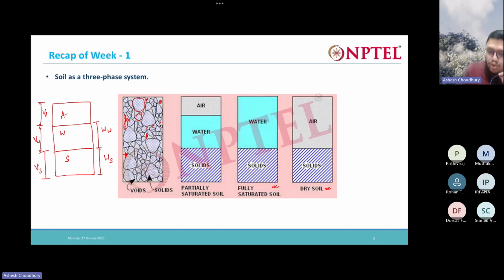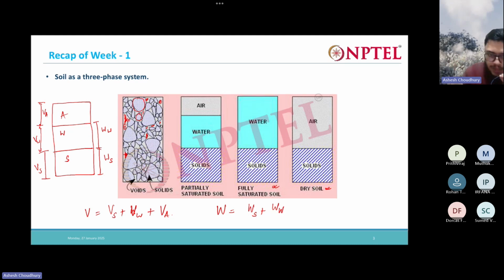Now what is the total volume of the soil? It is composed of the volume of the soil solids plus volume of the water plus volume of the air. Now what is the total weight of the soil? That is the weight of soil solids plus weight of water, right? Air is weightless.